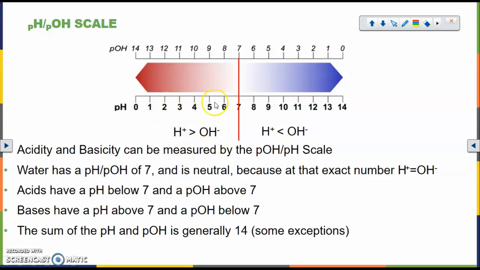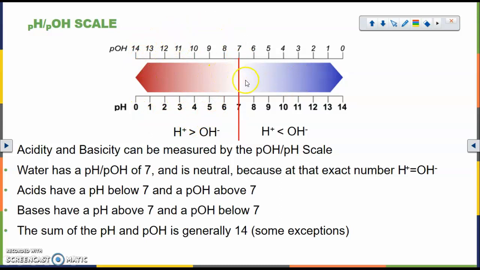Okay, now make sure that you also understand that this side, the pH of less than 7, which is acidic, is also the same as a pOH above 7. Again, because there's an inverse relationship between pOH and pH. Inverse relationship means when the pH goes down, the pOH goes up.